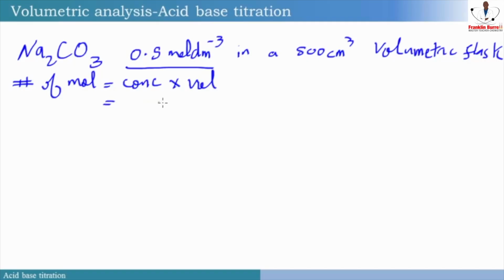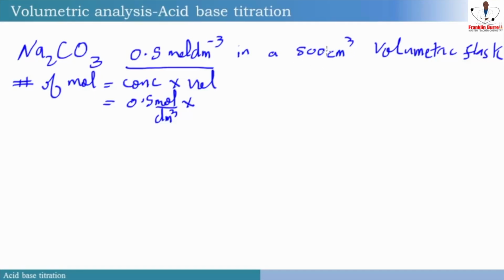Remember that your volume must always be in dm cube. So my concentration is 0.5 moles per dm cube, and my volume is 500 cm cube, which I will convert to dm cube by dividing by 1,000.